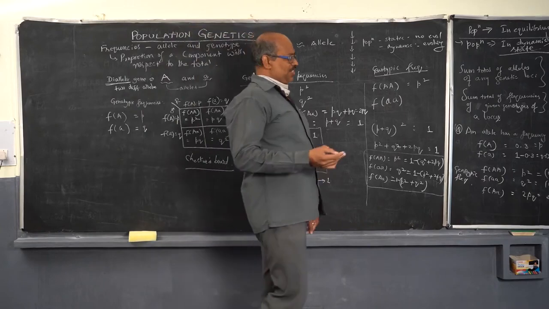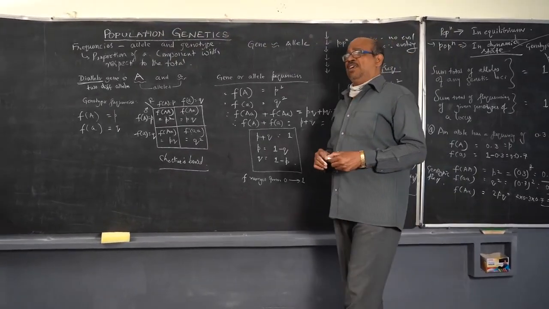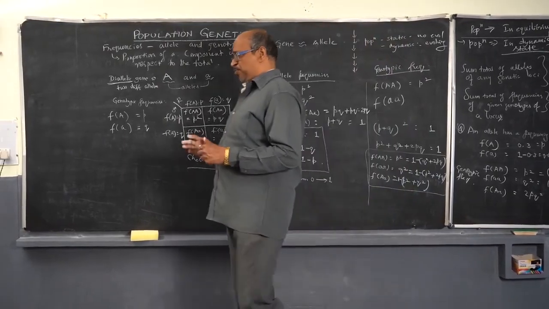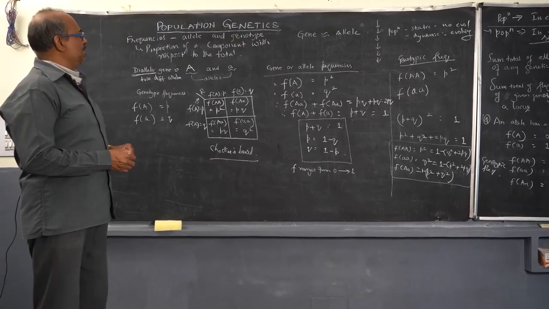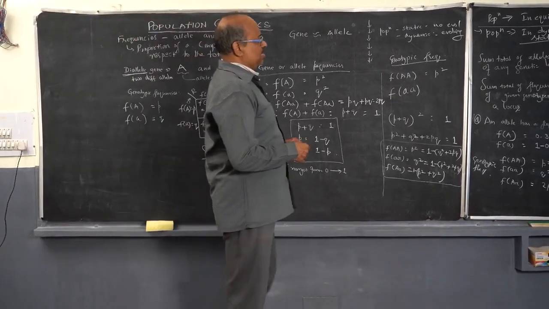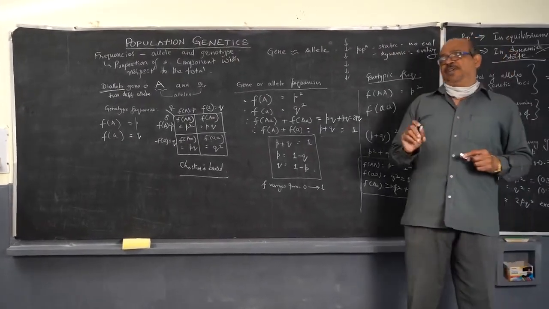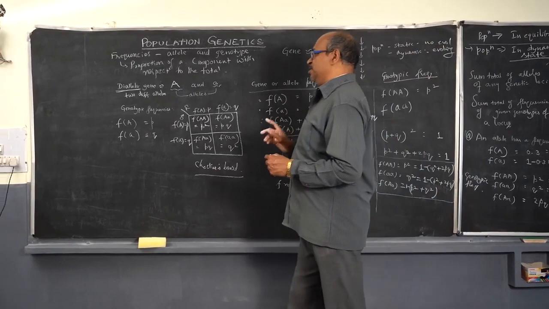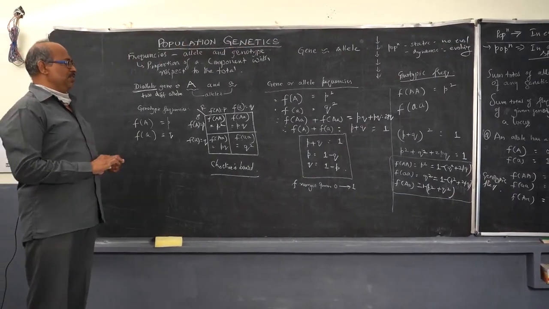And in population genetics 2, we will study the gene and genotypic frequencies. So the frequencies just tell us the proportion of a particular component. Here, the gene frequency is the particular proportion of one allele with respect to the population. The genotype frequency is the particular genotype proportion with respect to the population.